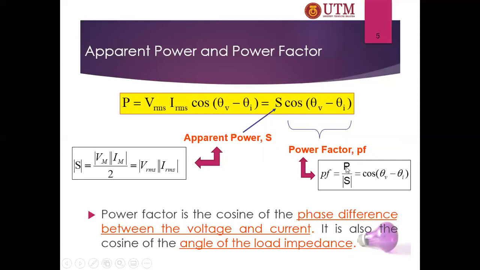There are three ways to calculate the power factor. The first is to get the difference between the voltage and current phase angles. The second is by looking at the load impedance value. And the third is by using this relationship: the power factor is equal to P over the apparent power S.